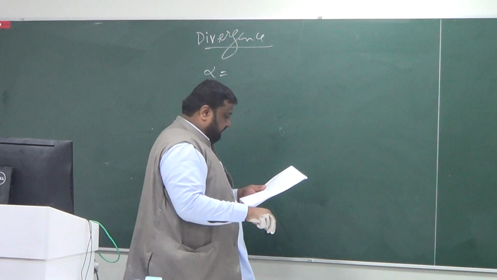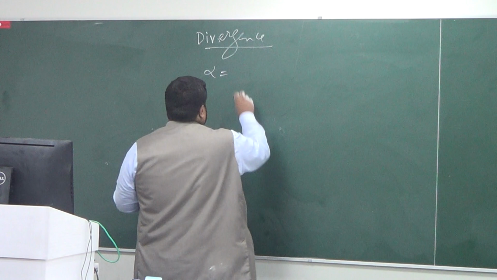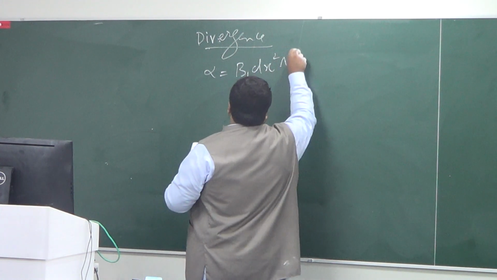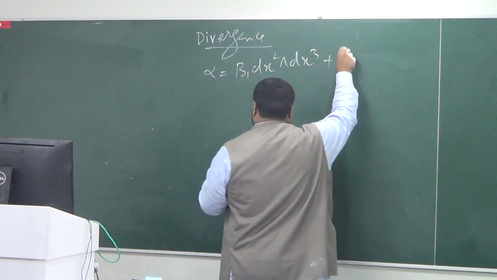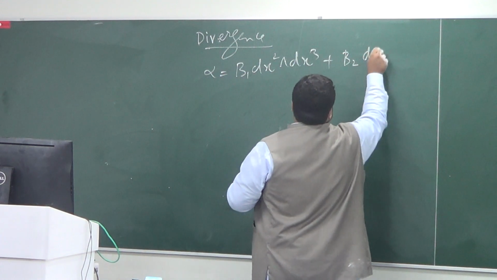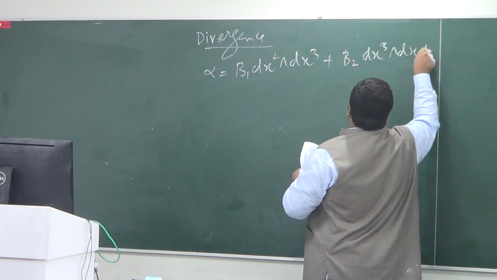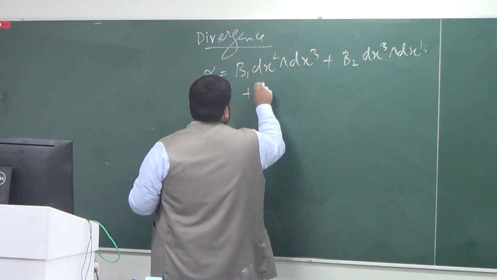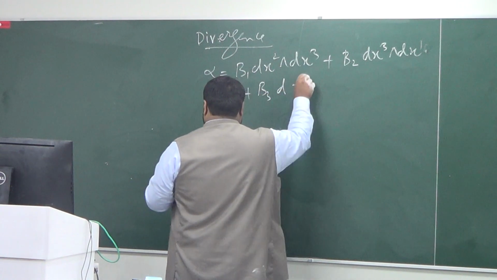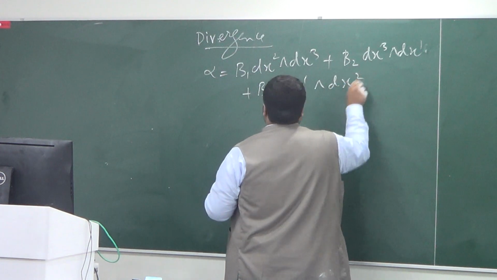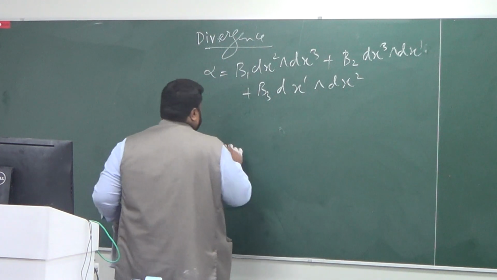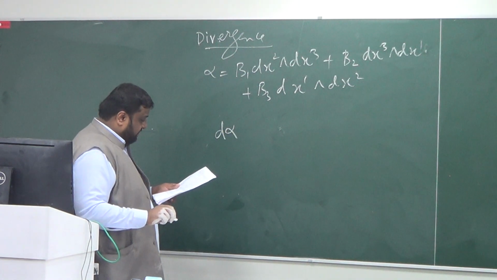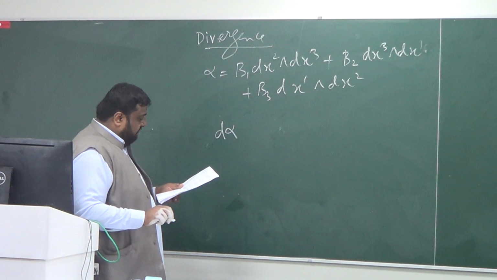Imagine you have a 2-form, like b1 dx2 wedge dx3 plus b2 dx3 wedge dx1 plus b3 dx1 wedge dx2, something like that, and compute the exterior derivative of it.